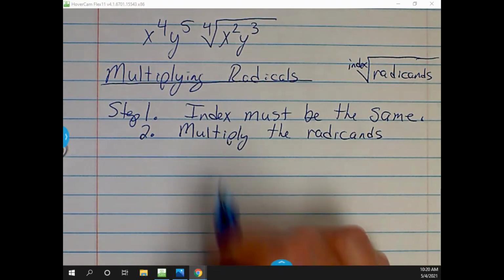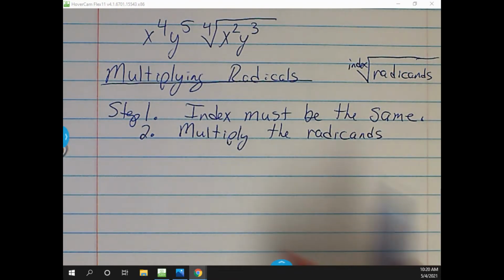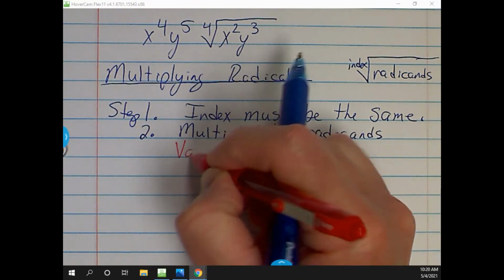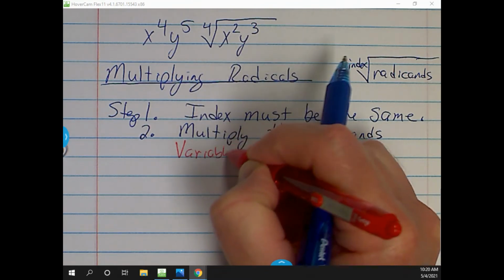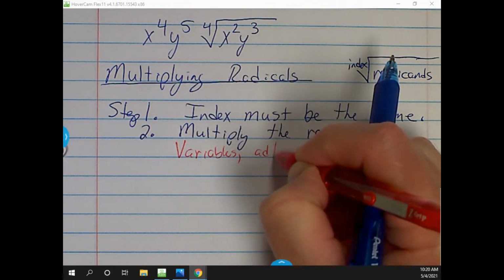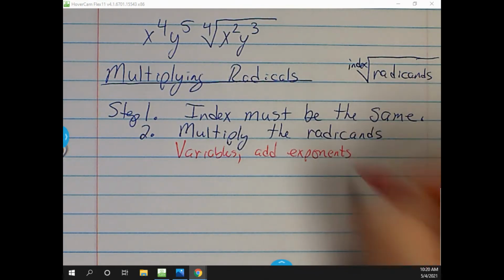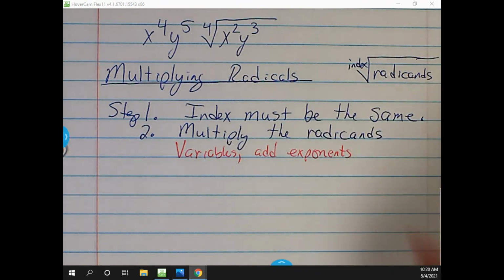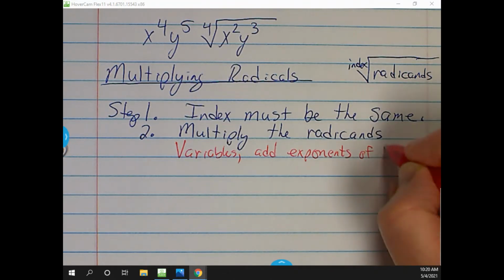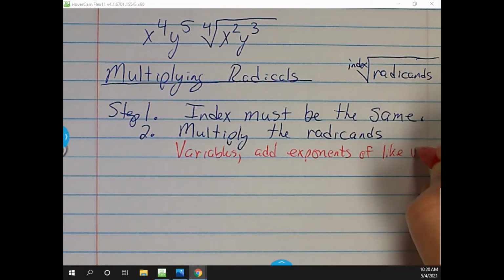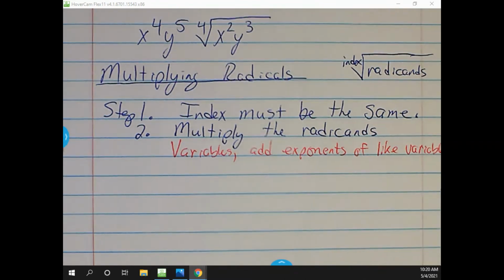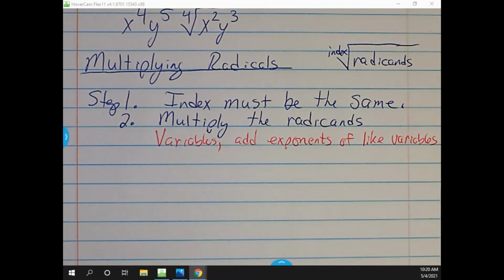The one other thing you might want to put with that one is if you're multiplying radicands with variables, you add the exponents. And we'll say add the exponents of like variables. So if you've got an x and an x, you can add the exponents together. If you've got a y and a y, you can add the exponents together.